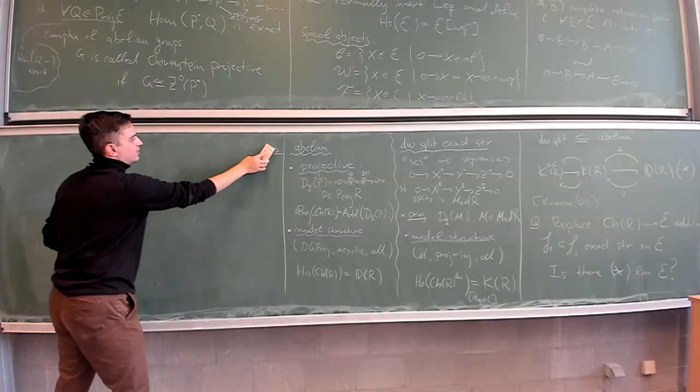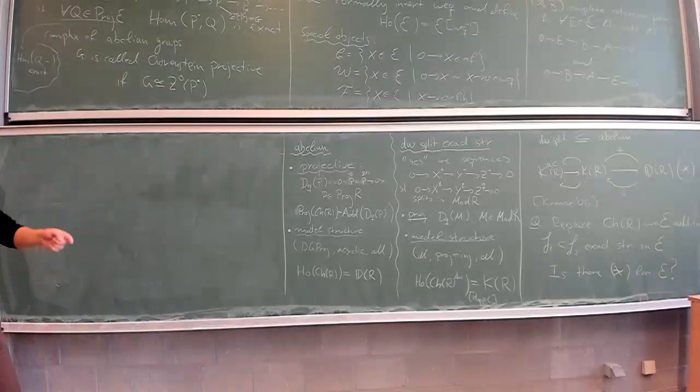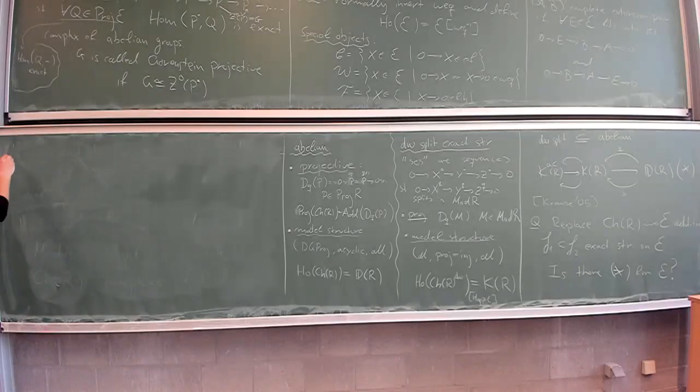And now maybe this is not clear by the definition, but Cotorson pairs have some lifting property between them, especially if you think of how projectives behave. So there is a theorem from Gillespie.